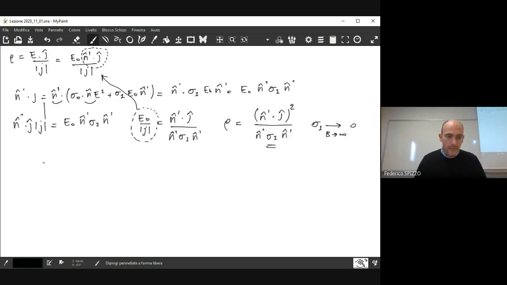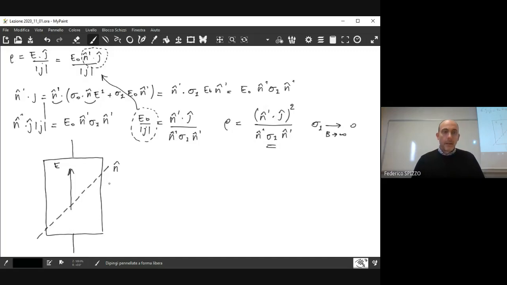And the growth is just due to the fact that, going back to the diagram that I showed you before, if the external field is applied along this direction and the direction of the open orbit is like this, as this is the only possible direction along which you may have a flow of current in the high field limit, then in the high field limit, no current will propagate along E, because the current may not propagate along this direction, but only along this direction.